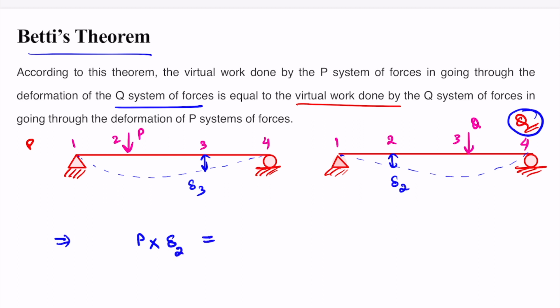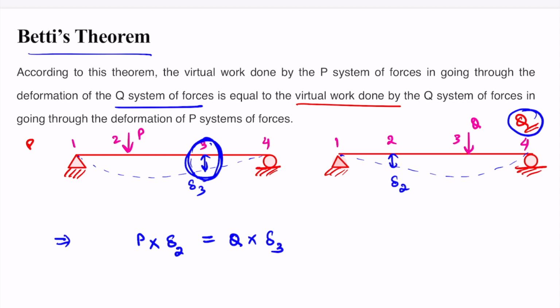This will be equal to the virtual work done by Q system of forces in going through the deformation caused by P system of forces. Here Q is applied at 3, so the deformation at 3 caused by P system is delta 3.